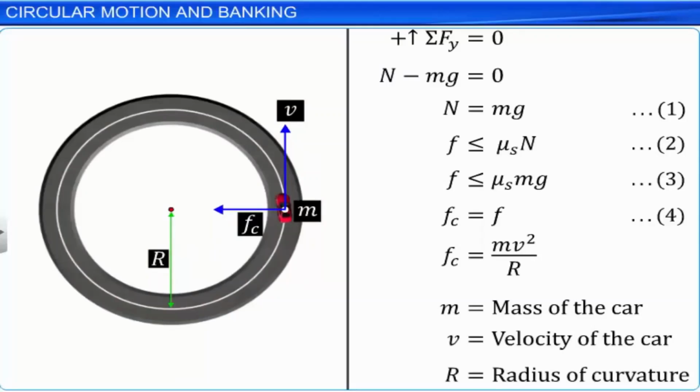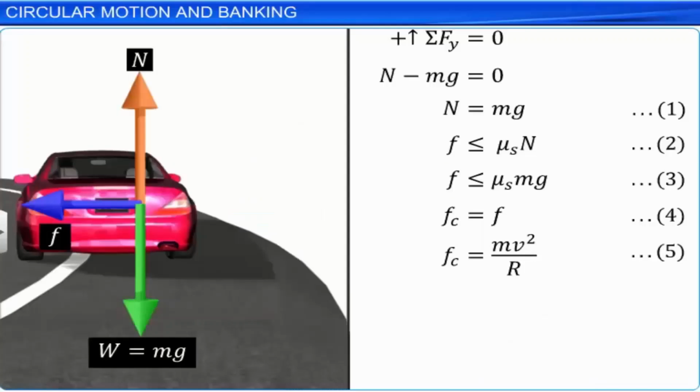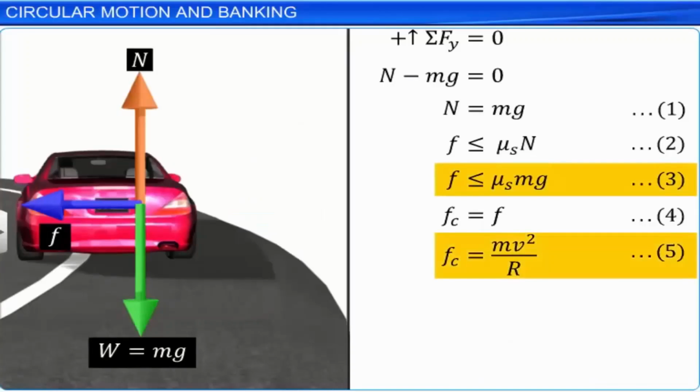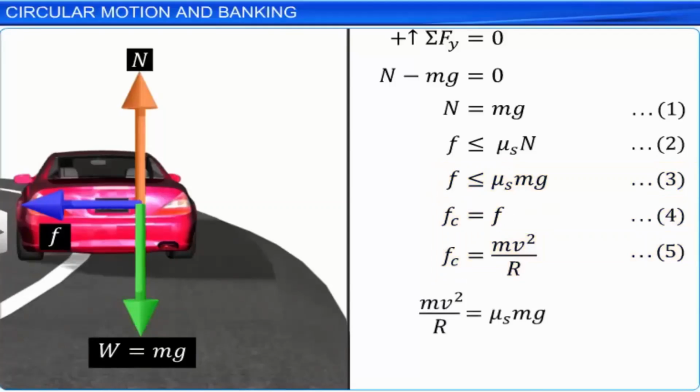Let us call this equation 5. Substituting equations 3 and 5 in equation 4 and simplifying, we get maximum velocity, Vmax, as the square root of mu s r g.